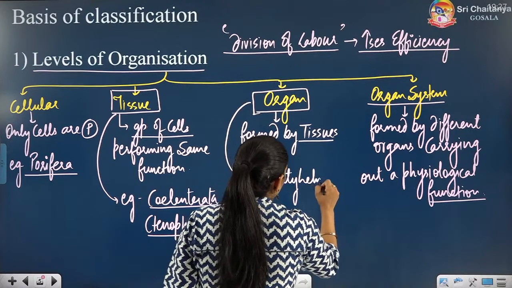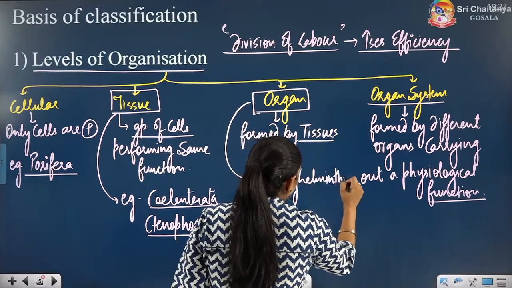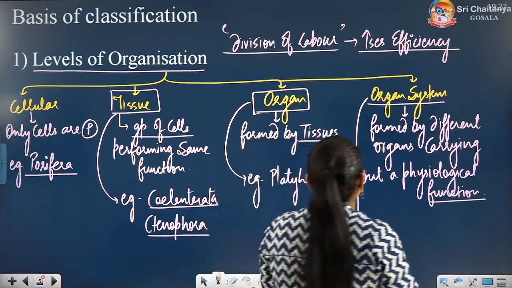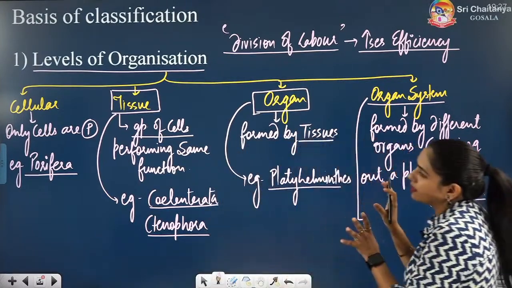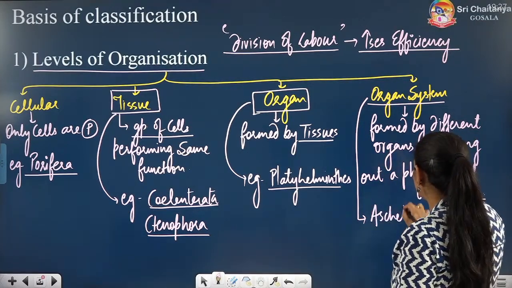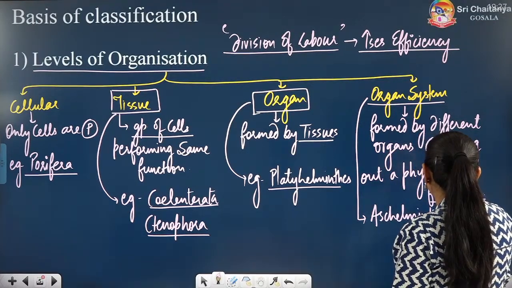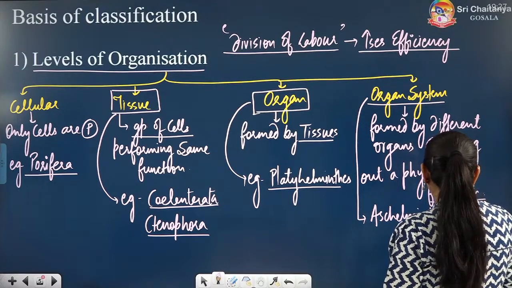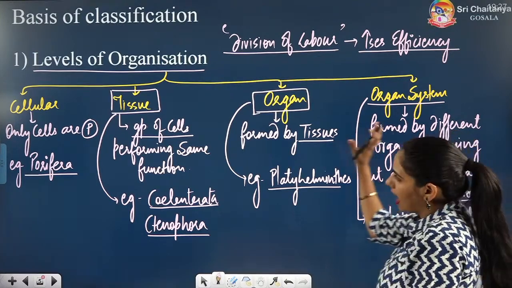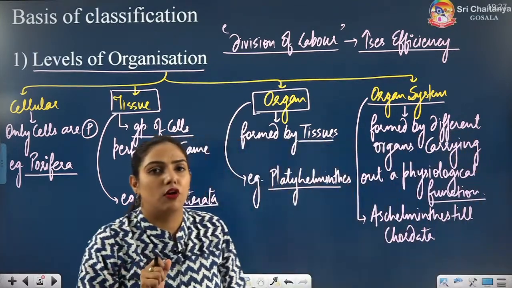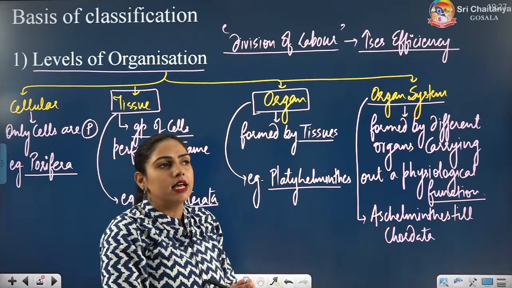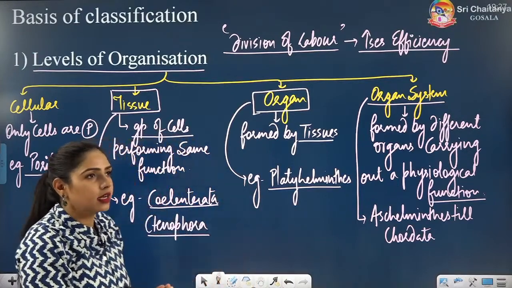Then the organ system level of organization we have seen in the rest of the phyla, from Aschelminthes till Chordata. So here we have understood very nicely the meaning of level of organization.